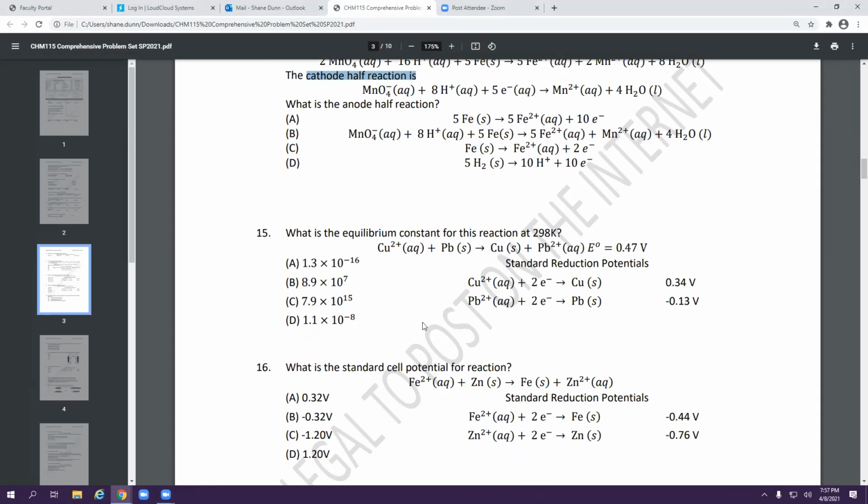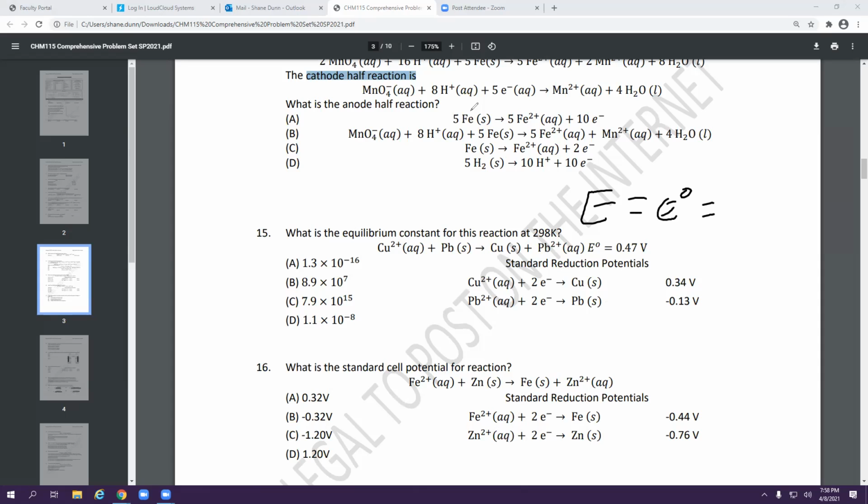Okay, 15. So, equilibrium constant. But I'm giving you standard potential. So what does this mean we have to use? The equation you guys are using for the quiz you have tomorrow, right? So E equals E naught. Is it at 25 degrees Celsius?